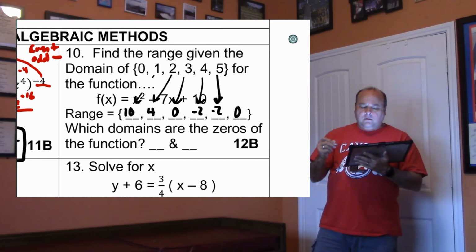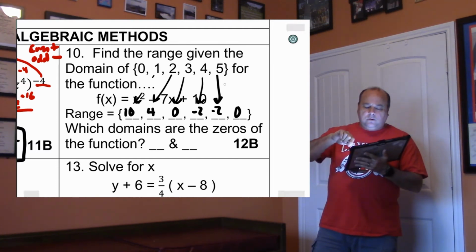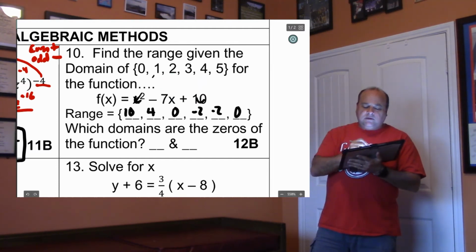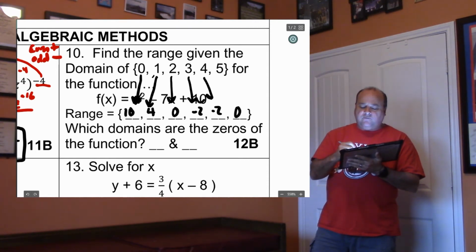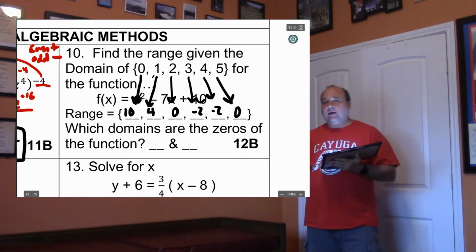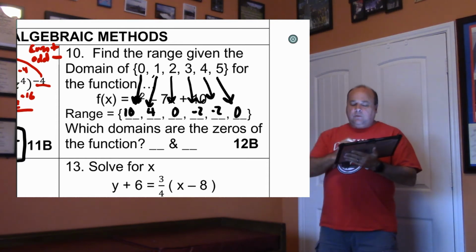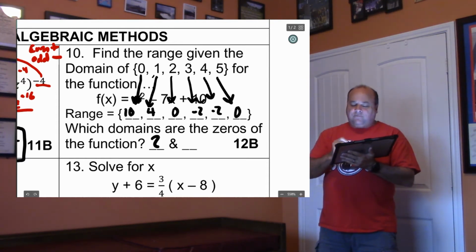Oh, I forgot the 1. Hold on. 0 was 10, 1 was 4, 2 was 0, 3, then 4, then 5, right? Sorry about that. So the zeros are the 2 and the 5, right?